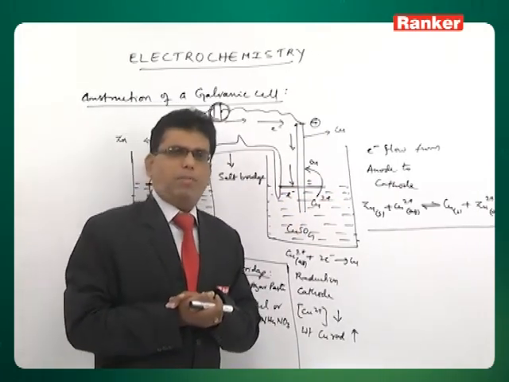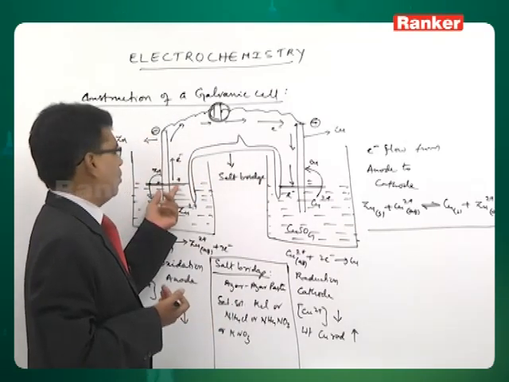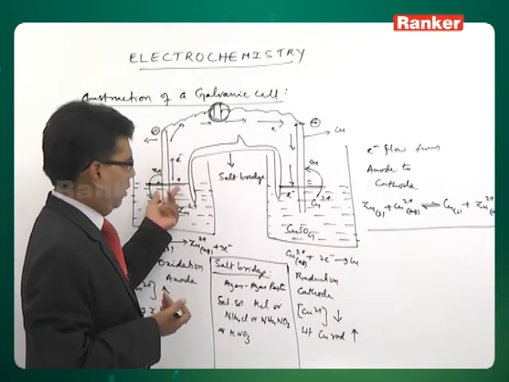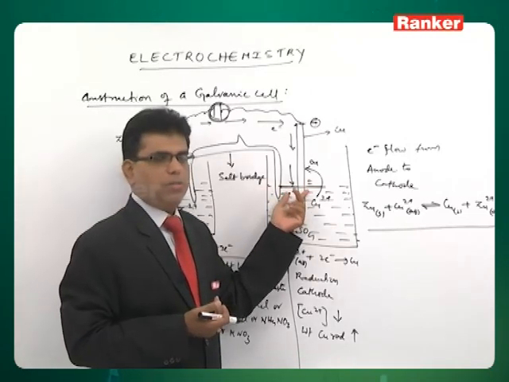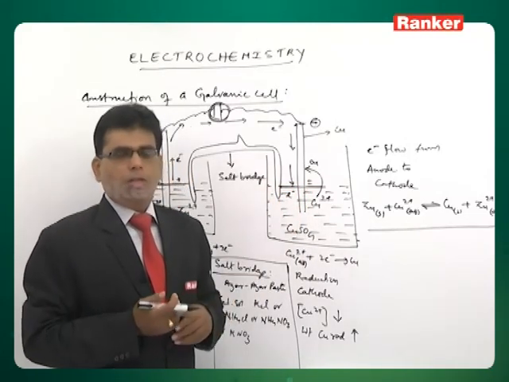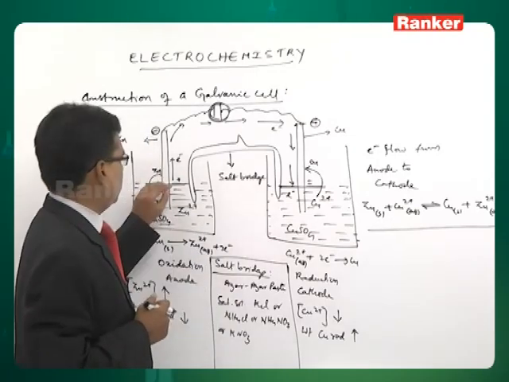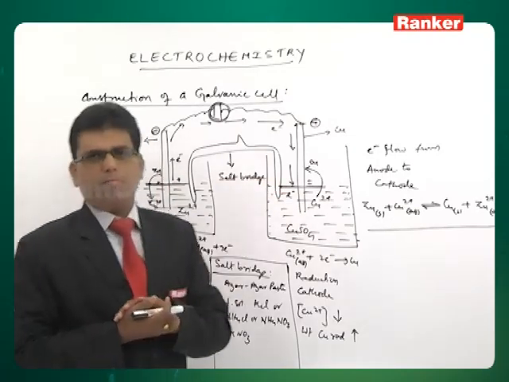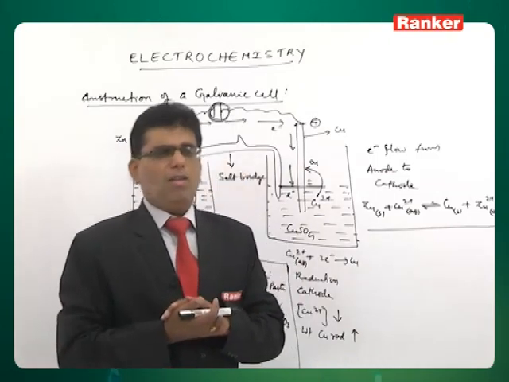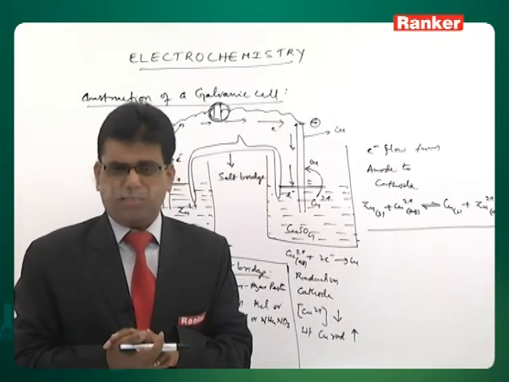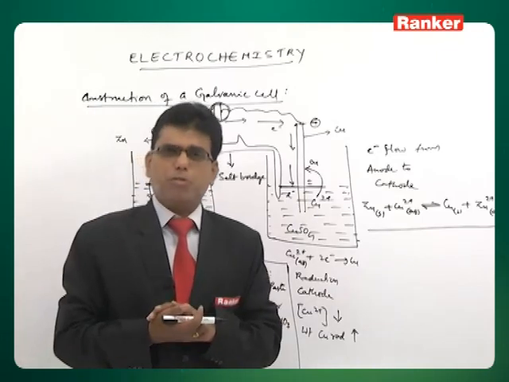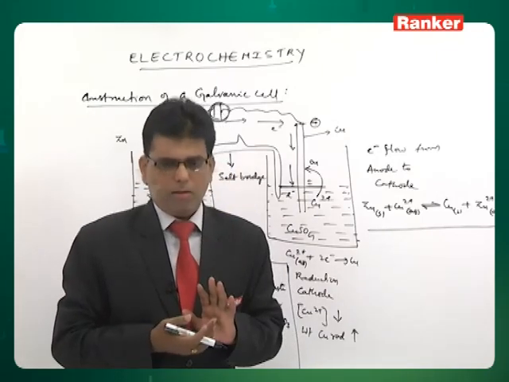So, as a result, what happens? Excess positive charge will be deposited at the anode, excess negative charge will be deposited at the cathode. So, this finally will stop the working of the galvanic cell. Because of the deposition of the opposite charges in the two half cells, the cell potential drops to 0, and the cell will stop working.